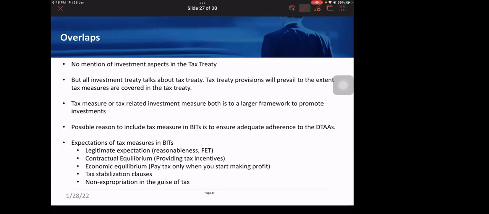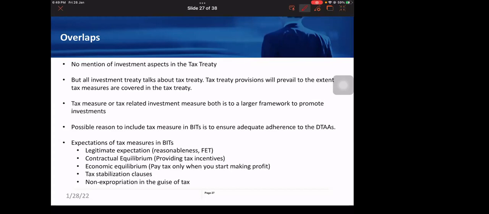You use your tax treaty properly, follow good faith, other aspects. If you're going to abuse it, if the state is doing a treaty abuse, then okay, I will have to look at the alternative entry, which is the bilateral investment treaties. So that is also one of the reasons why they include tax measures in BITs as a safeguard, stopgap, or basically safeguarding mechanism. So that way, the countries use their tax laws and adhere to the tax treaties.